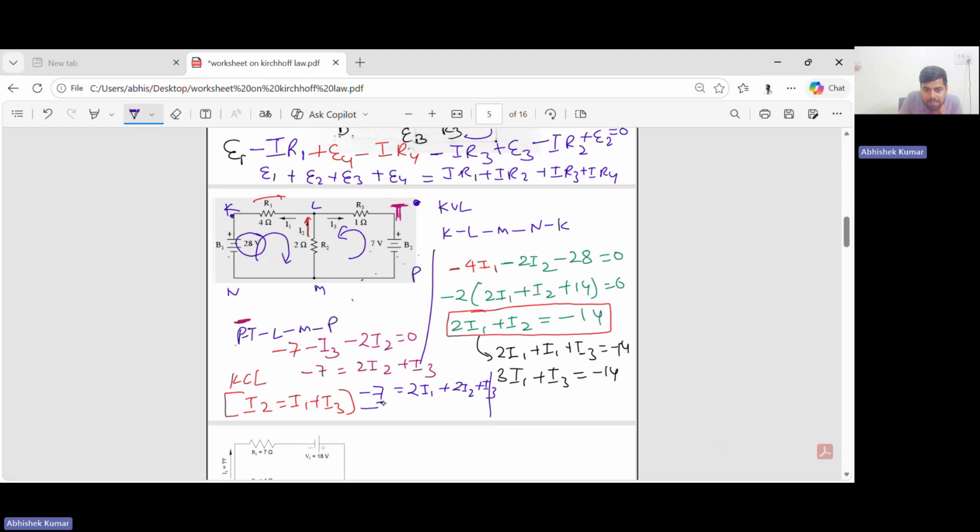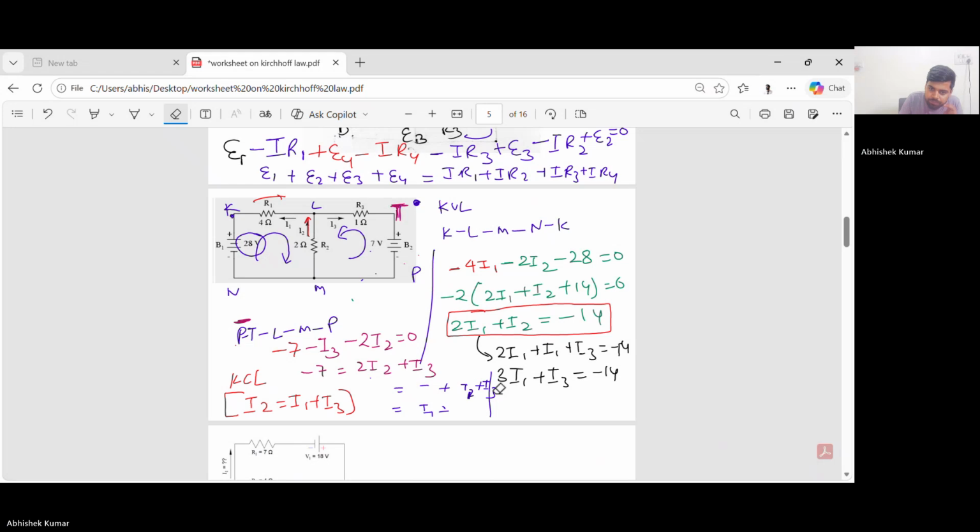See, I replace I2 with the value of I1 plus I3. Yes, one minute. Let me make it clear. Let it be done properly. Okay.